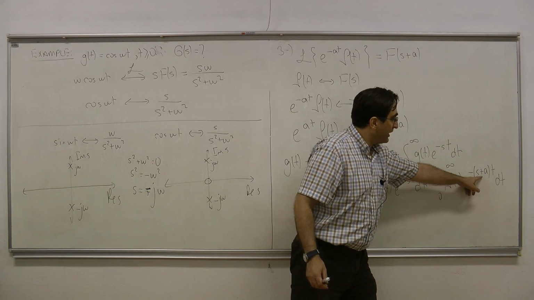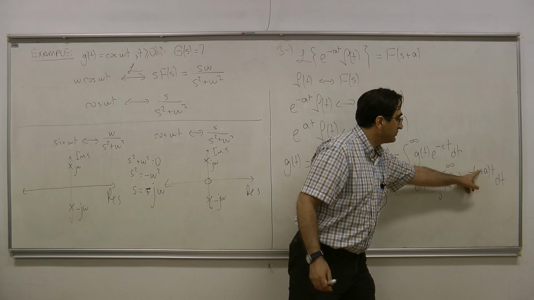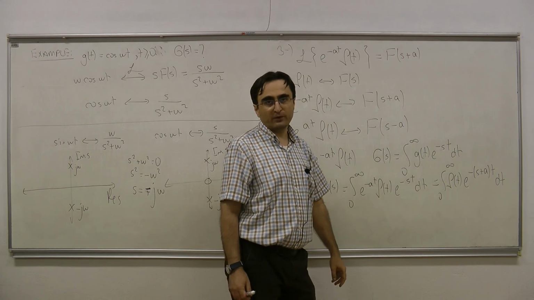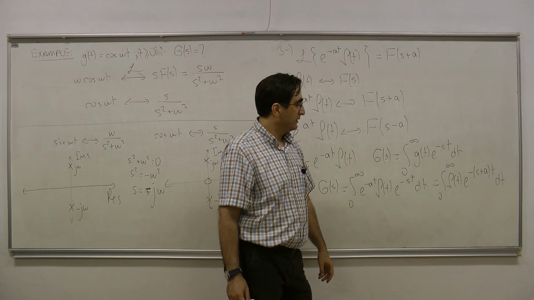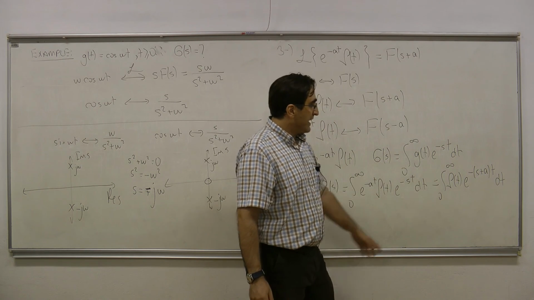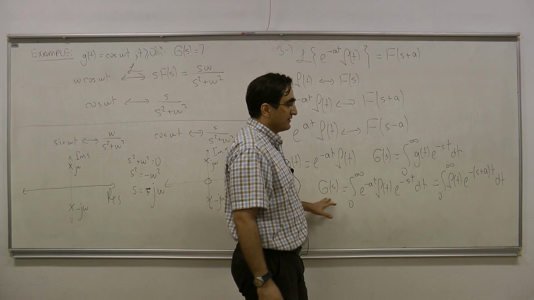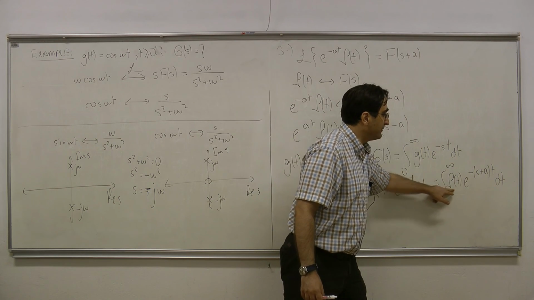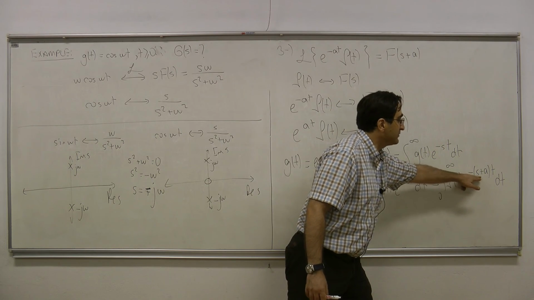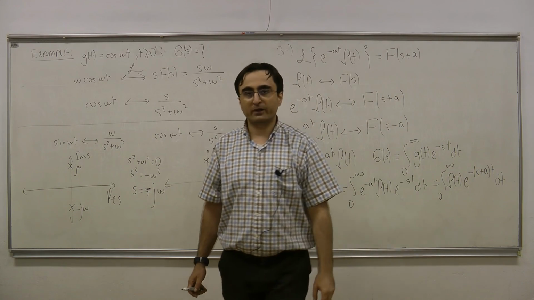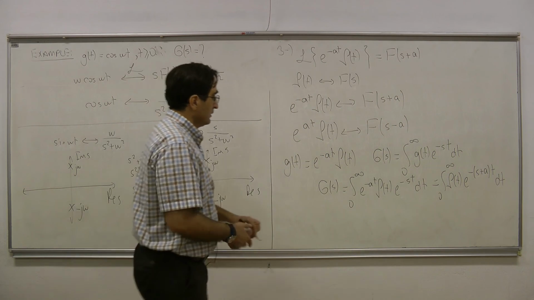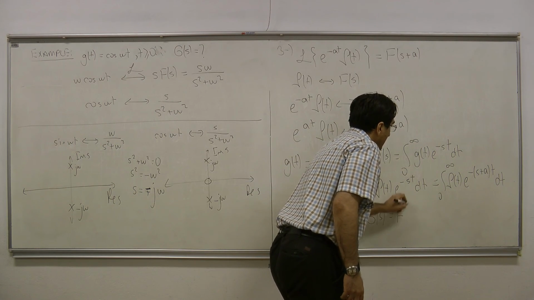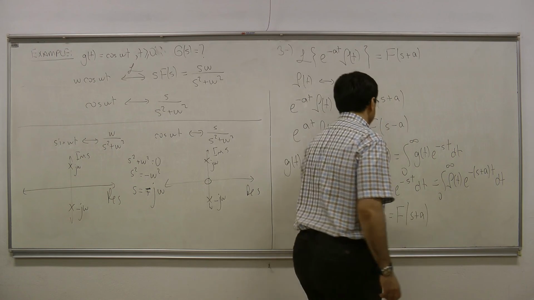If instead of s plus a here, I had only s here, then it would be the Laplace transformation of f of t. Okay? And that means that this G of s is nothing but, in the Laplace transformation of f of t, I substitute s plus a instead of s. Okay? So G of s is equal to F of s plus a here.